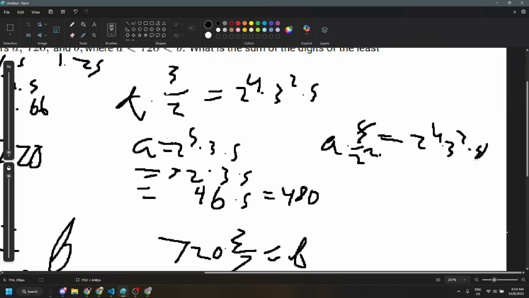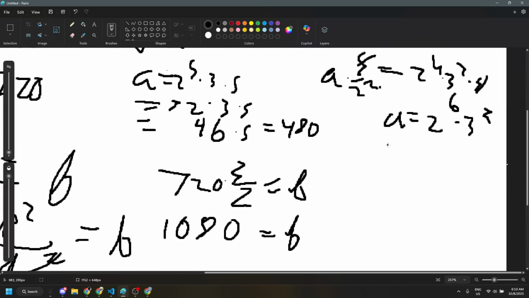So divide out 5 on both sides, then A is equal to 2 to the 6 times 3 squared. A is equal to 64 times 9, which is equal to 540 plus 36, which would be 576.